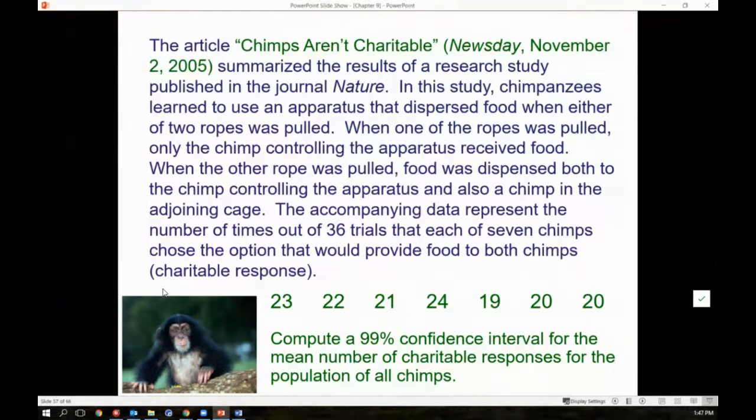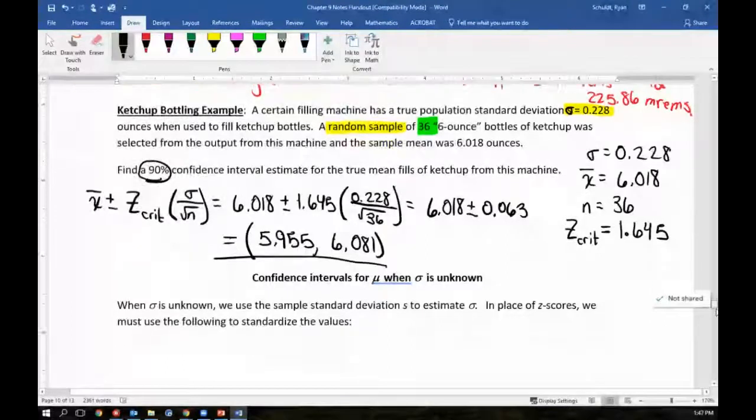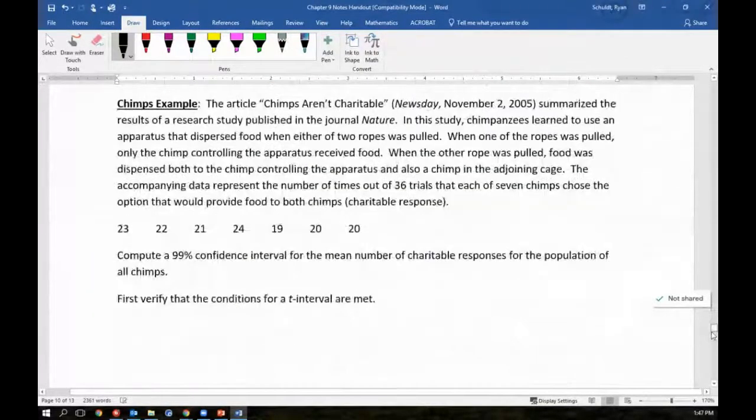Let's put them into L1 and get the one variable statistics.